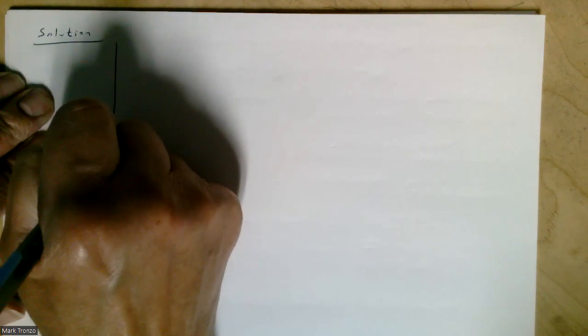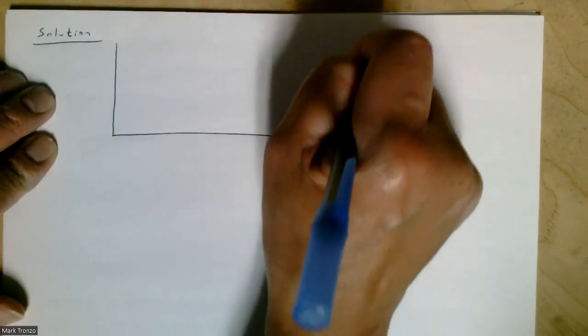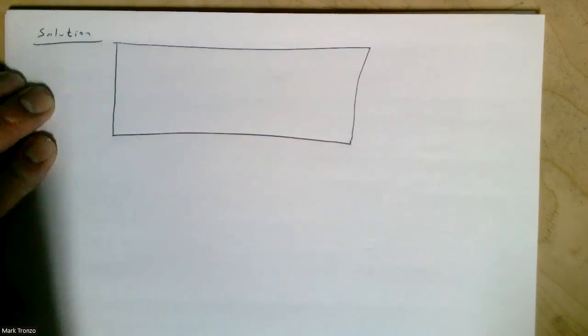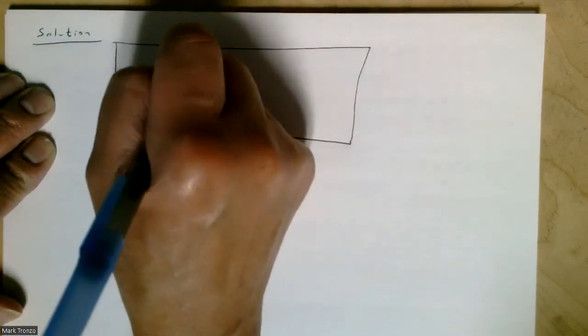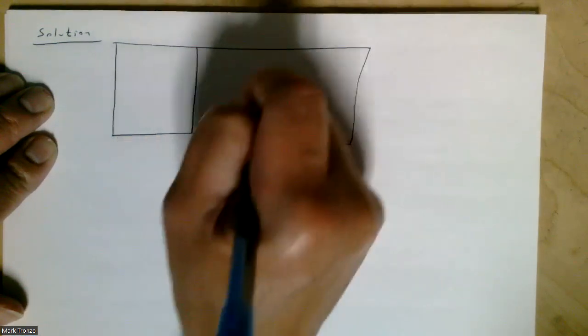So we can actually make a little picture like this. Again, I'm going to make the line straight this time.